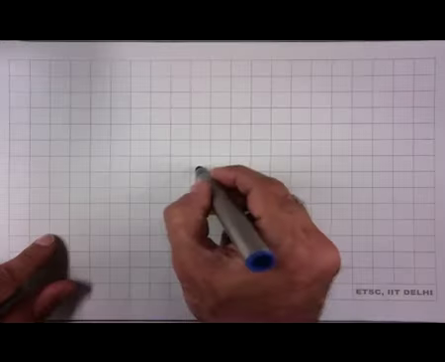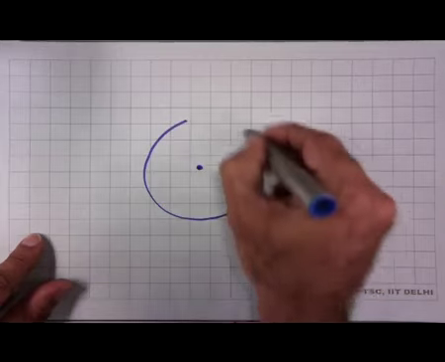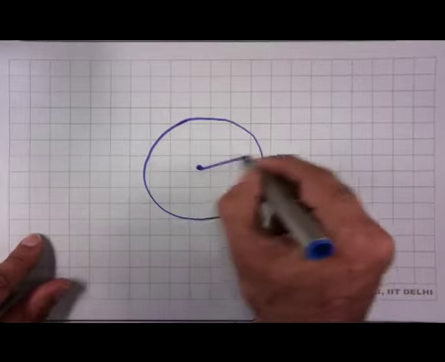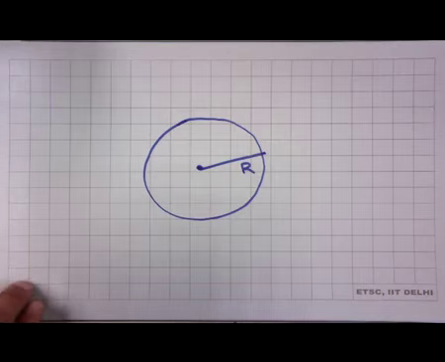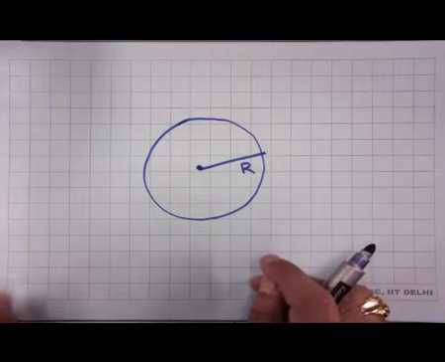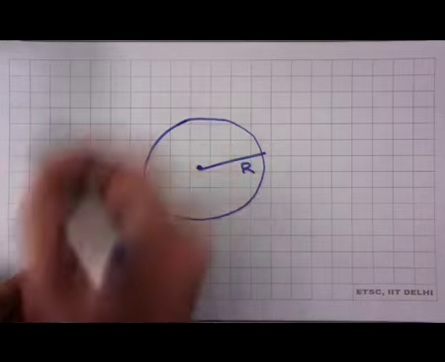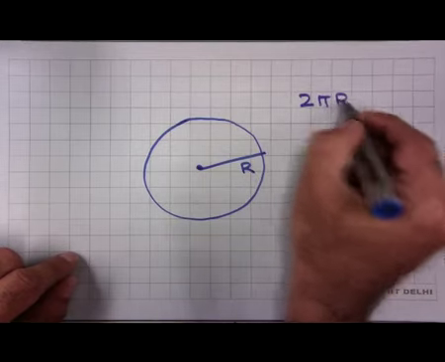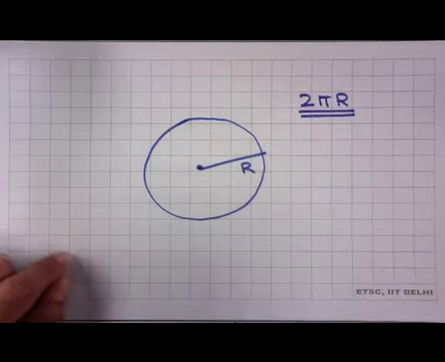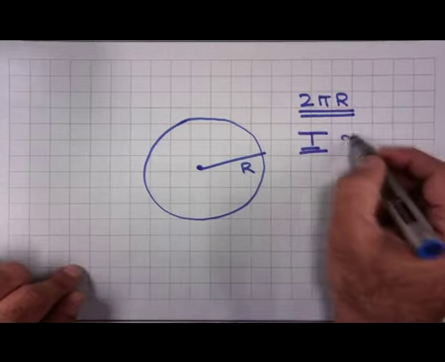Now let me write down the figure again. Here is the earth, here is the moon's orbit, and here is the distance r. Now if I assume that the moon is moving with a constant angular velocity, what is the total distance covered? The total distance covered is 2 pi r, and I know the period of the moon, which is close to 30 days.